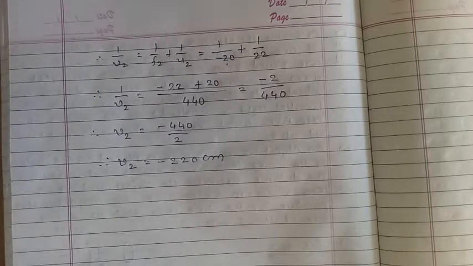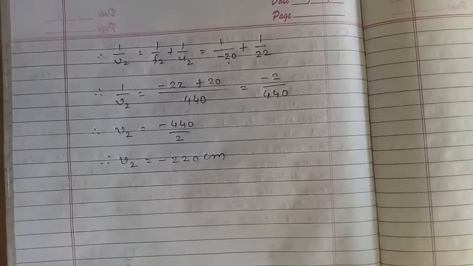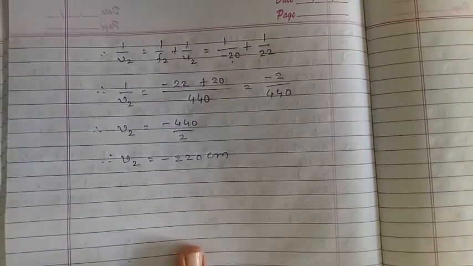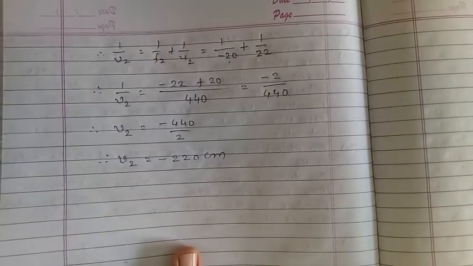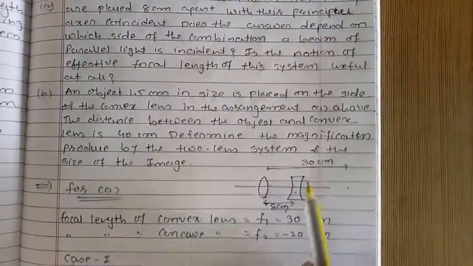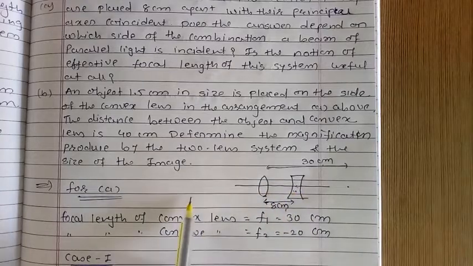But here the rays are converging from the middle point. I say converging because our first lens is a convex lens. So here the distance is 220 centimeter. From the second mirror the distance is minus 220, so the image is on the left hand side, because the sign is minus.